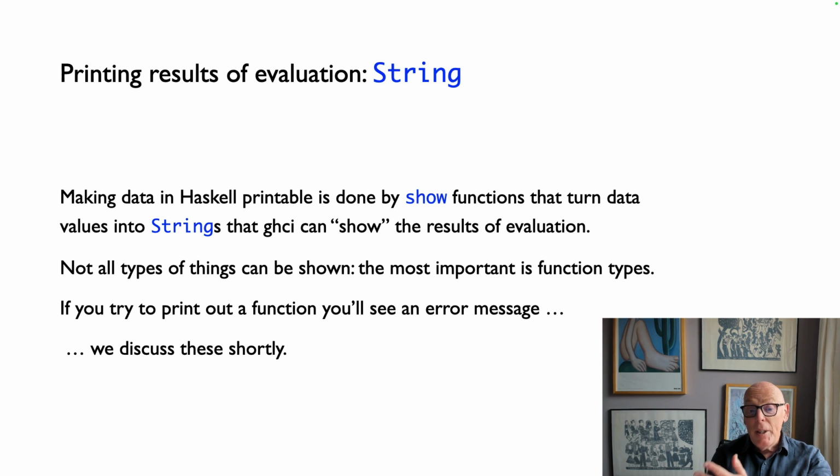Now, one thing you need to be aware of is that you can't show everything. In particular, if you try and print out a value which is a function type, you will get an error message from GHCI. And that's because function types can't be shown, can't be rendered visible, as it were.